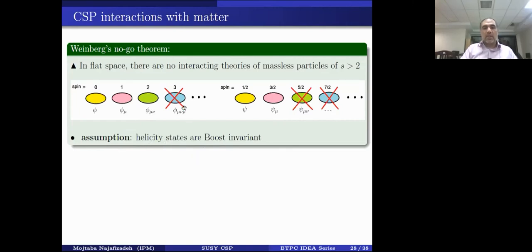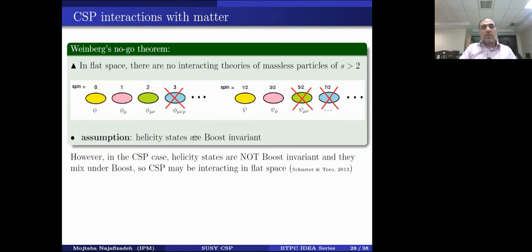This is the basis of what Wigner says, that massless higher spin particles cannot be interacting in flat space. However, in the CSP case, helicity states are not boost invariant, and they mix under boost. So CSP may be interacting in flat space.